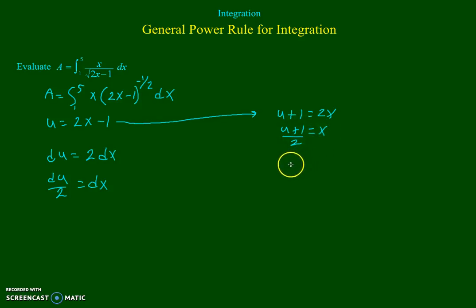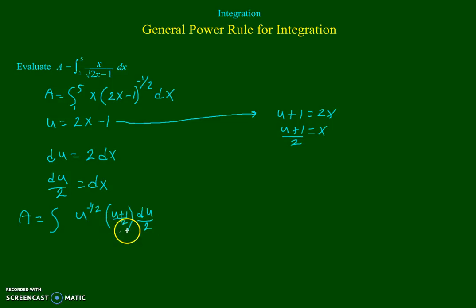So now we're going to have to go back and substitute these things in. So area equals the integral of u to the negative 1/2 times u plus 1 over 2 du over 2.